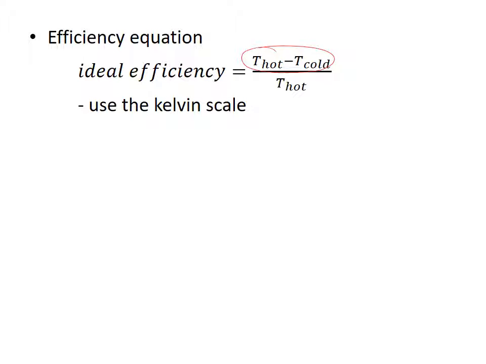Let's say our hot one is 3000 Kelvin and our cold one is 100 Kelvin. We subtract and divide by 3000. When you subtract that 100, your top is smaller than your bottom, so when we divide, we get a decimal.